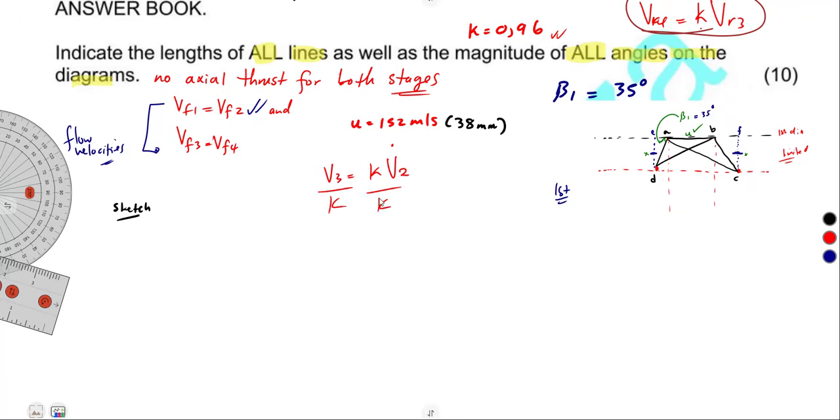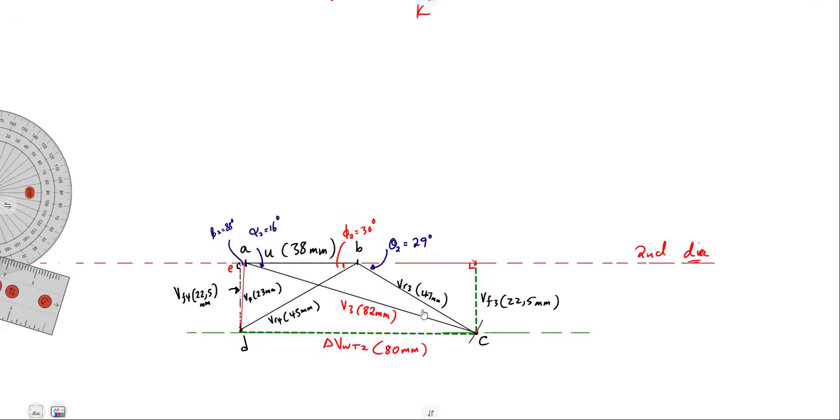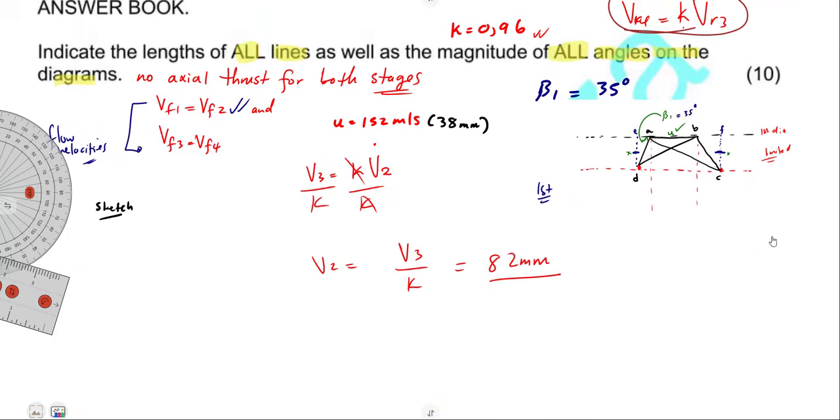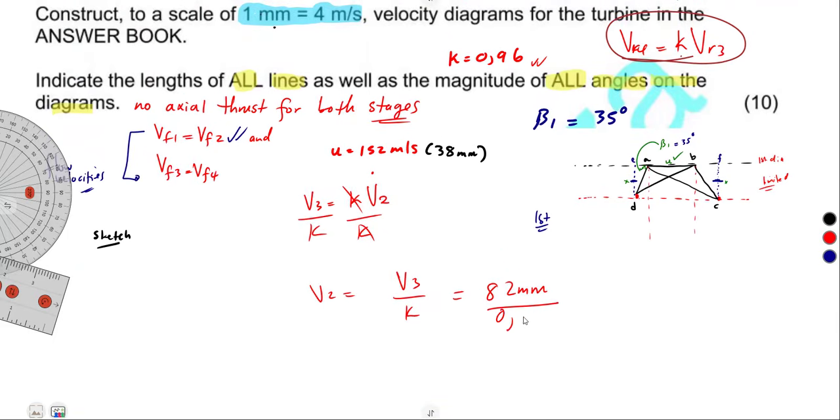So divide by K. Our V2 is going to be V3 over K, where our V3, we measured this, it was 82 millimeters. 82 millimeters divided by the coefficient of friction, which is 0.96. That approximates to 85 millimeters. So we have V2 as well, 85 millimeters.